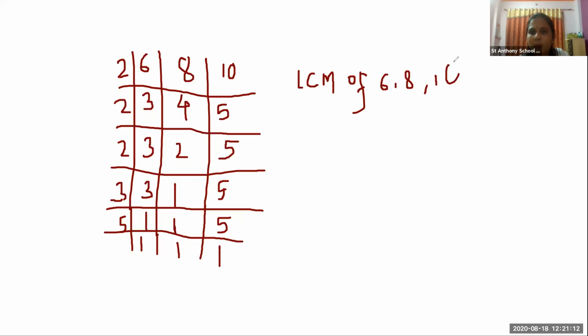LCM क्या होगा? So LCM of 6, 8 and 10 will be equal to what? 2 into 2 into 2 into 3 into 5. Okay. So that means it will be 2 into 2 into 2 into 3 like this. But what it will be? 2 into 2 into 2 into 3 into 5, right?